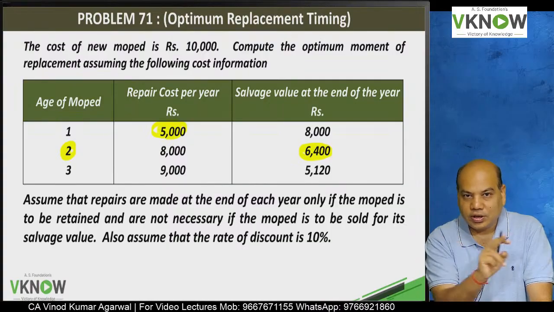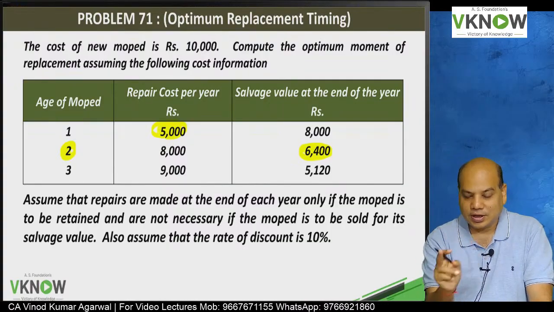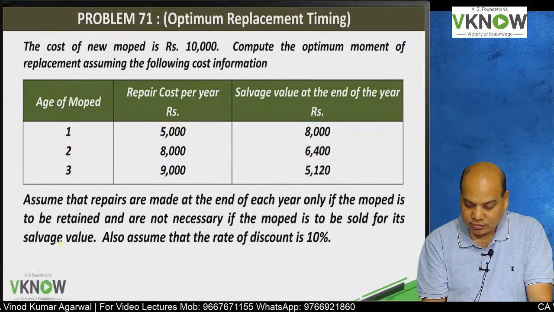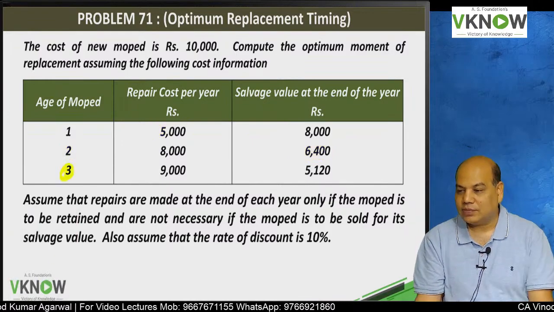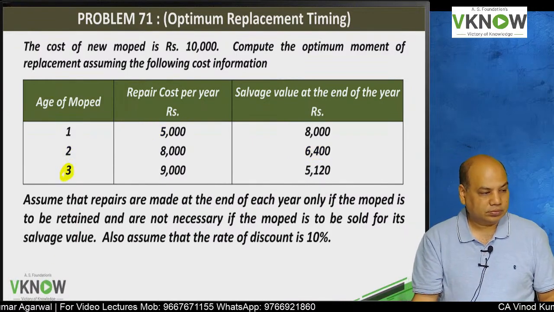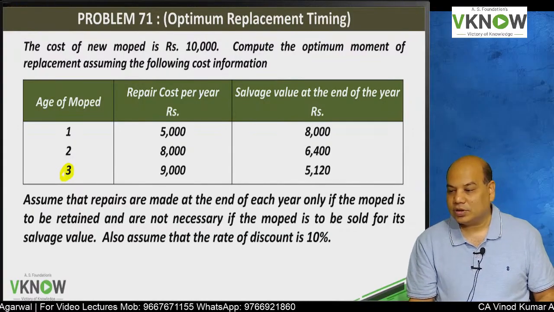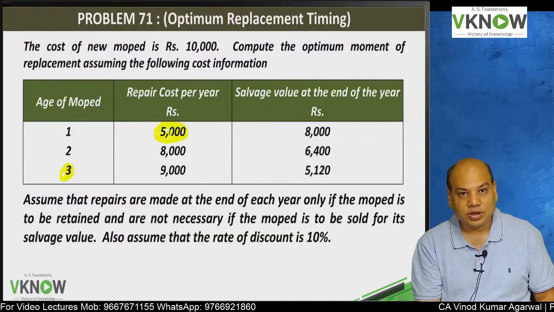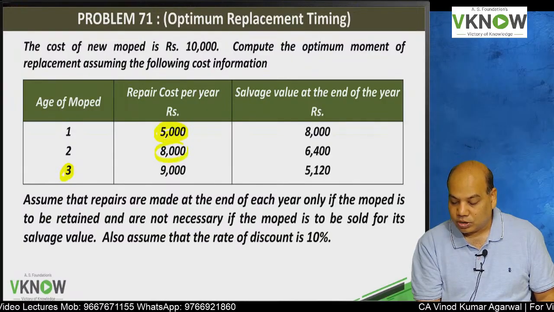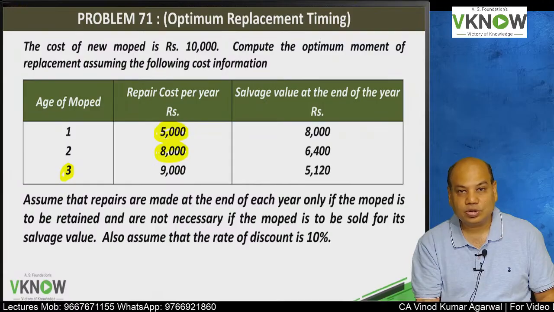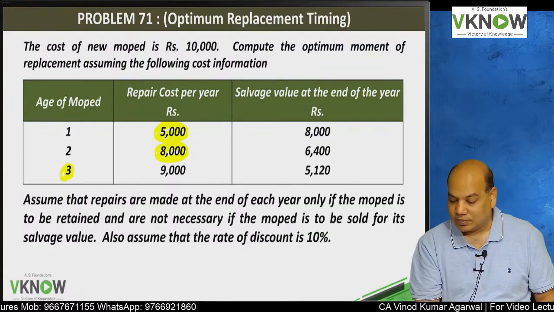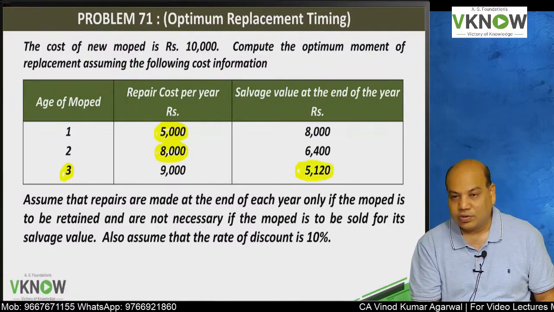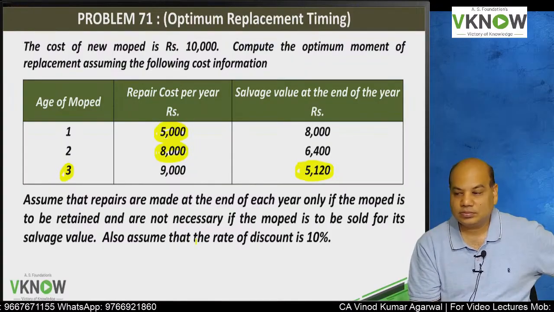You will not incur the repair cost of the second year. And one more time, suppose you want to replace it after 3 years. Then you will first incur repair cost of year 1. You will also incur repair cost of year 2 because I want to use the asset for the third year, and you will get the salvage value of the third year.